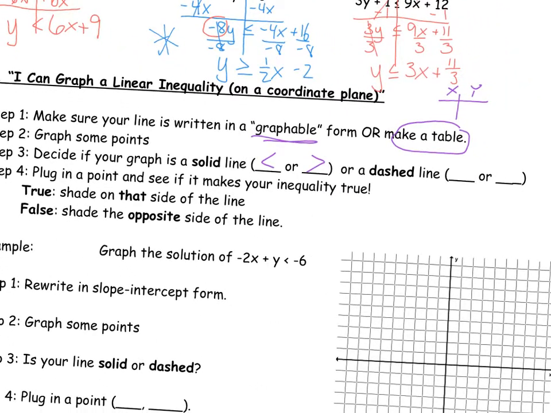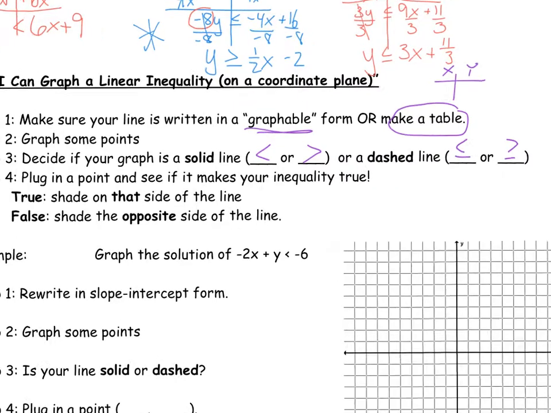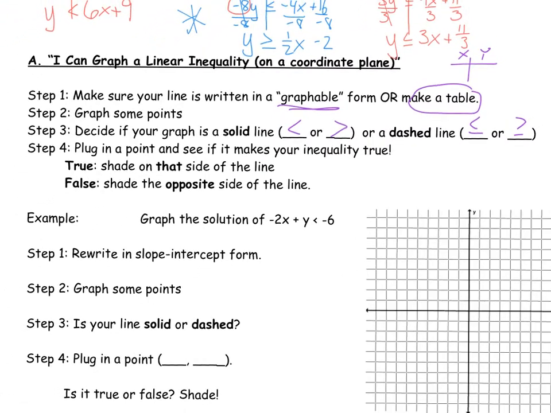Then plug in a point. I know it seems like a lot of steps, but it's the exact same ones we did yesterday. The only thing is, it's not necessarily starting out in y equals mx plus b or point-slope form. Then we shade either this side of the line or the opposite side.